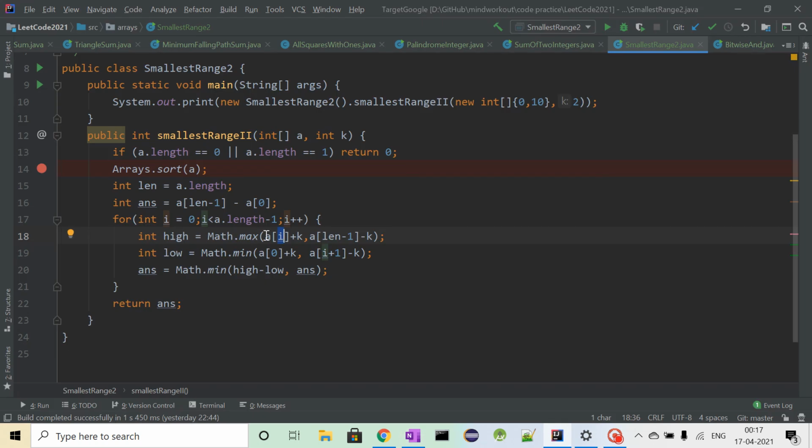So the maximum of both these values, the maximum of segment 1 and the maximum of segment 2, and low will be the minimum of segment 1 and segment 2, and our answer will be the minimum of high minus low and the answer itself. We will return the answer.